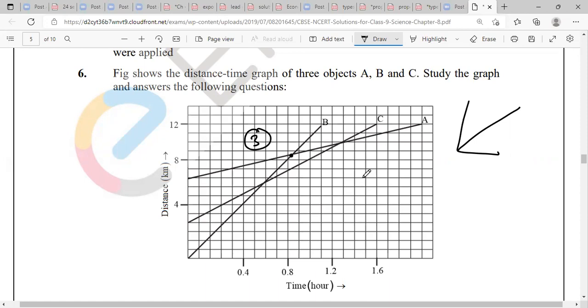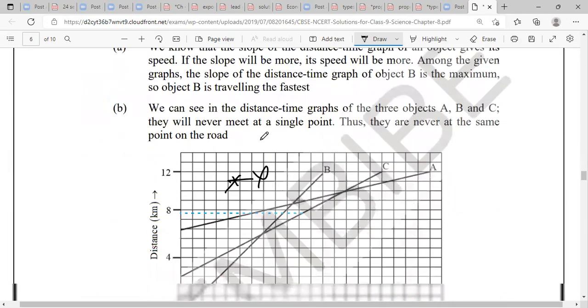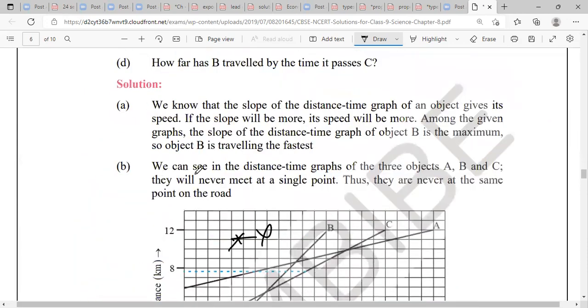Is there any point in the graph where all three lines intersect? No. B and A are intersecting, but they are only two. We are talking about three. So they are never at the same point at the same time.